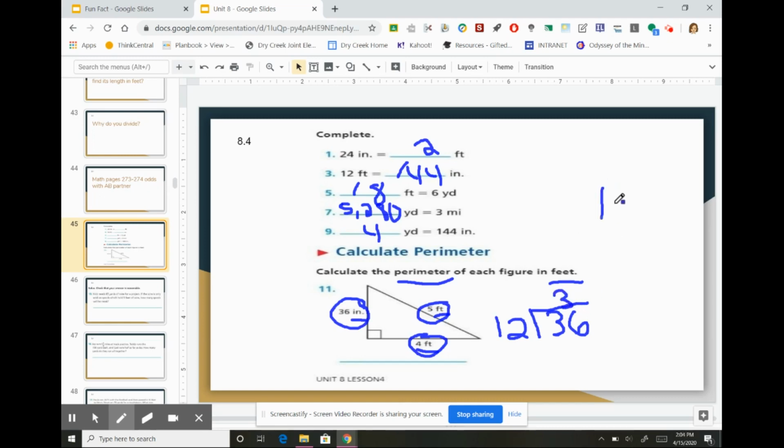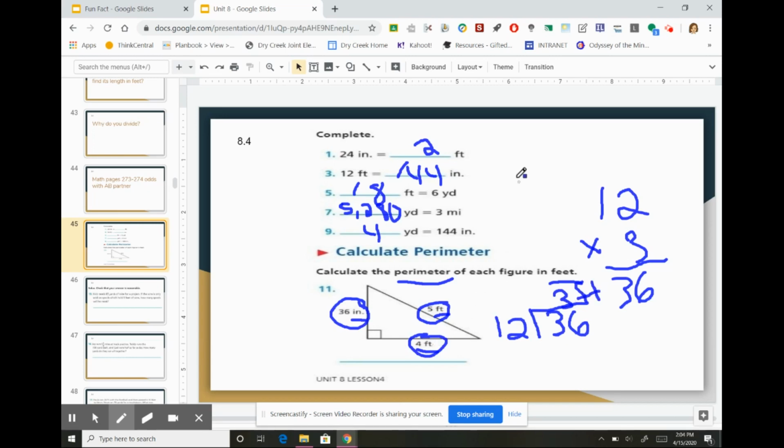12 times 3. If I'm not sure, I'm going to write it out. I'm going to work it out. Some of you don't need to work it out because you know your multiplication facts. But if you don't, work it out with me. 2 times 3 is 6. 3 times 1 is 3, 36. So that is correct. So now that I've gotten my 3 feet, now I can go ahead and add that.